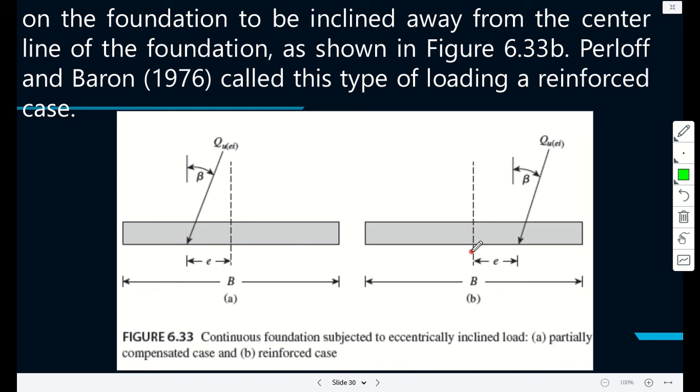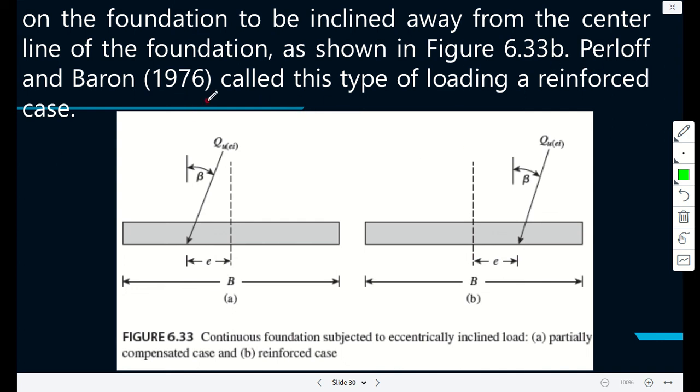I leave this to you to think of: under what conditions do you think we can have this kind of loading?